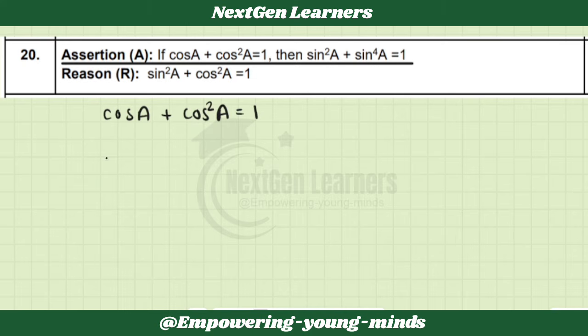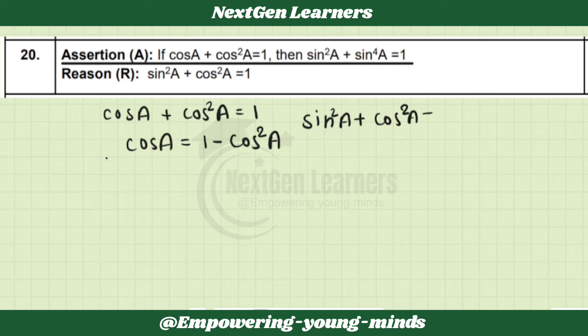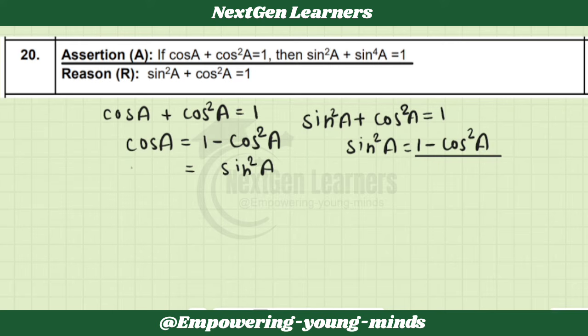Now if I write it as cos A is equal to 1 minus cos square A, and we know a trigonometric property, sin square A plus cos square A is equal to 1, so I can write sin square A is equal to 1 minus cos square A. So 1 minus cos square A should be sin square A, put the value in this, so this will be sin square A and this is cos A.